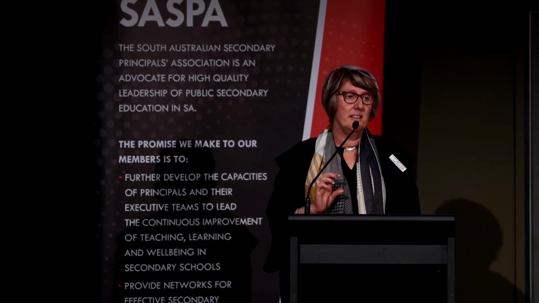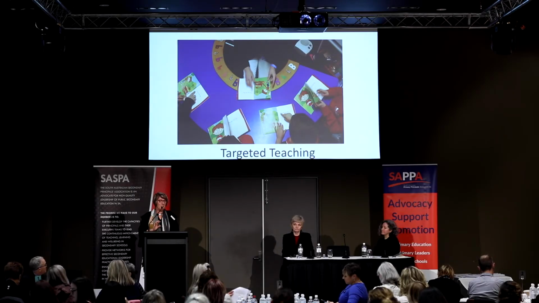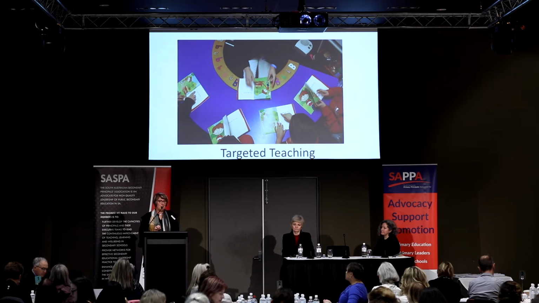So we've got some targeted actions at the Wave 2 level that are outside of the classroom, and we have many targeted actions that are in the classroom. Like Julie, we've invested heavily in the early years. I think if we can get it right in the early years, we have less problems further up the school.